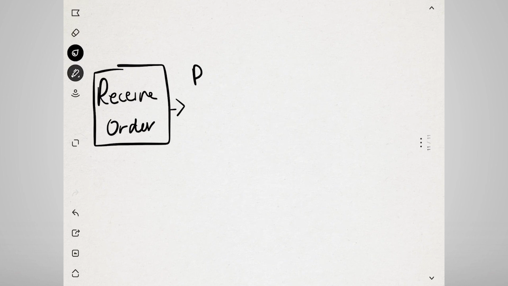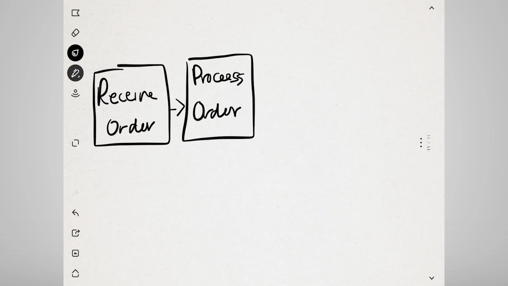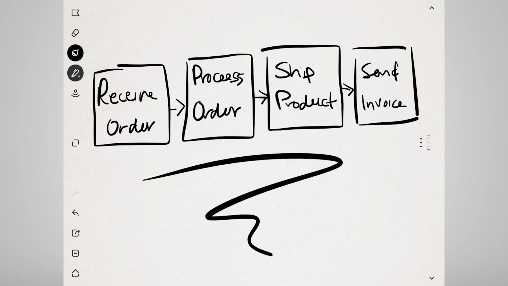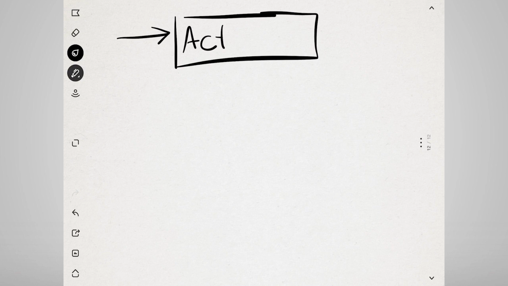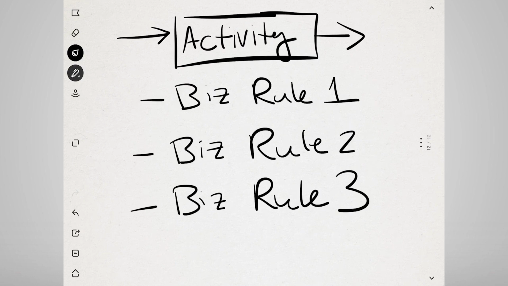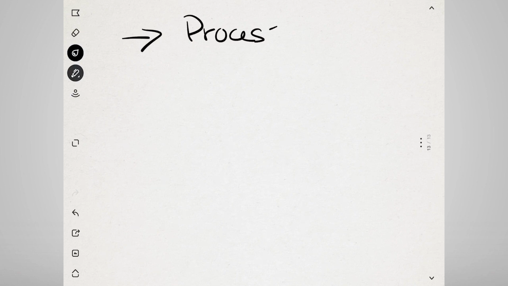Simple example: receive an order, process the order, ship the product, generate an invoice. In real life, each of those probably has many steps, but we've got to keep it simple so I can keep it short. The business rules usually relate to the individual tasks and help guide decision points in the process. Some examples of business rules.